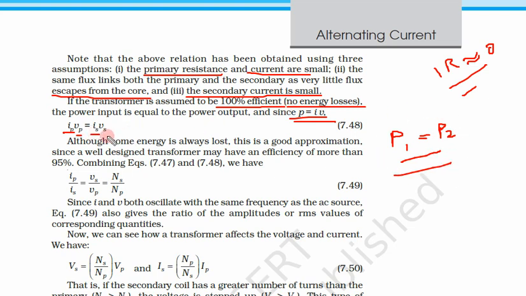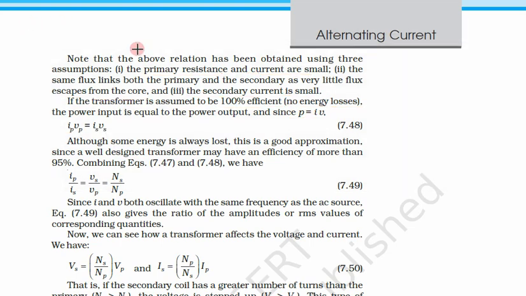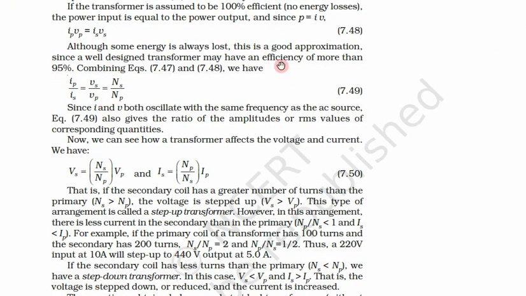Power output is current in the secondary times voltage in the secondary. So input power is equal to output power: IPVP is equal to ISVS. Although some energy is lost, for most transformers the efficiency is around 95%, and this is a good approximation.